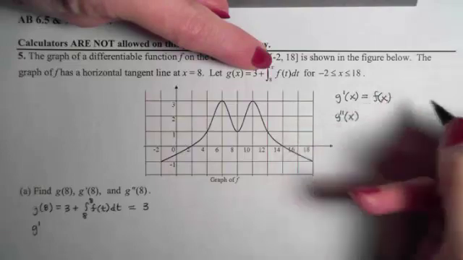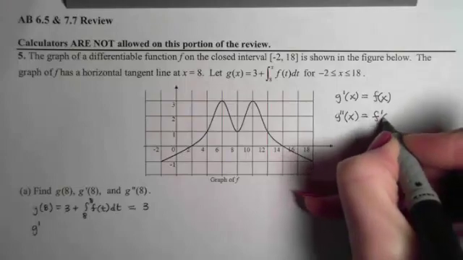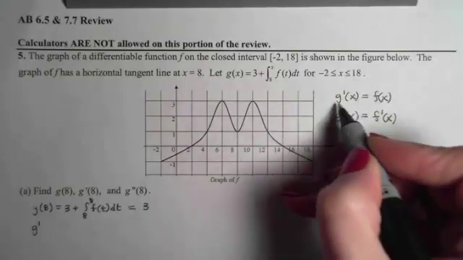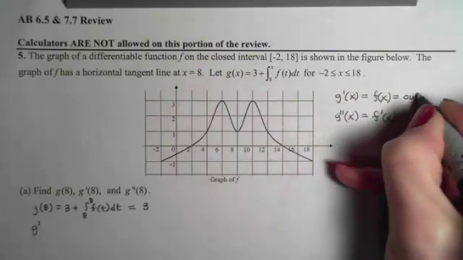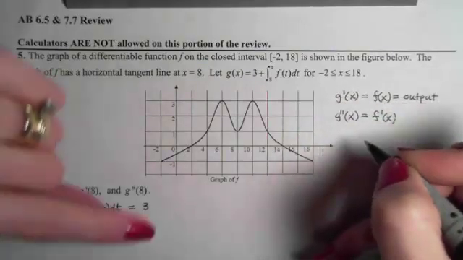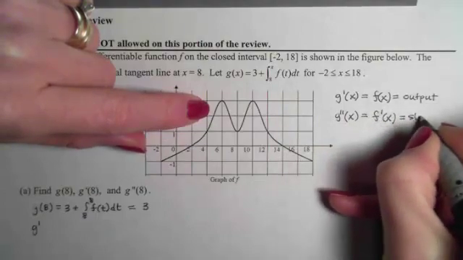So we'll just get an f of x. That means the second derivative of g is the same as the first derivative of f. What that means picture-wise is that the derivative of g is the output on the picture, and the second derivative of g will be the slope of the picture.